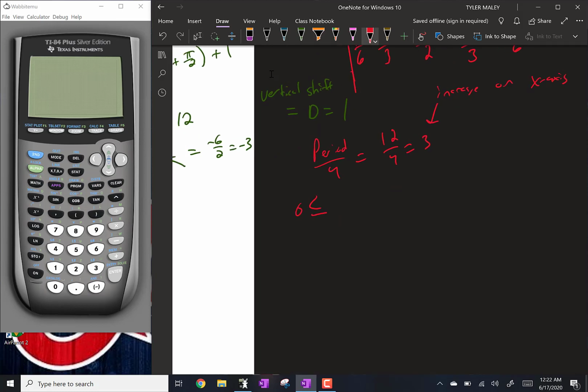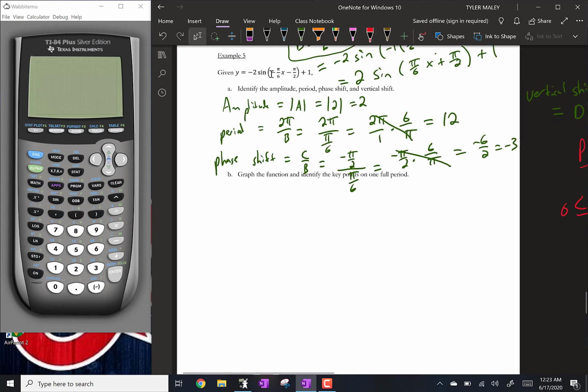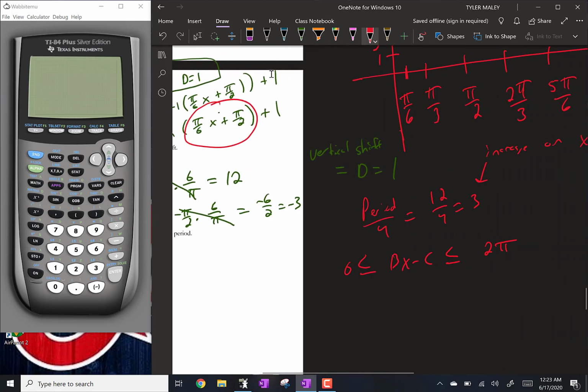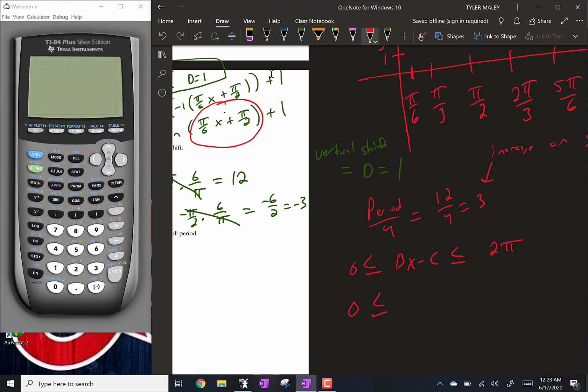And then typical period is going to be between 0, bx minus c, less than or equal to 2 pi. So we plug that in. So this would be the bx minus c. So we'd have 0 less than or equal to pi over 6x plus pi over 2 less than or equal to 2 pi.